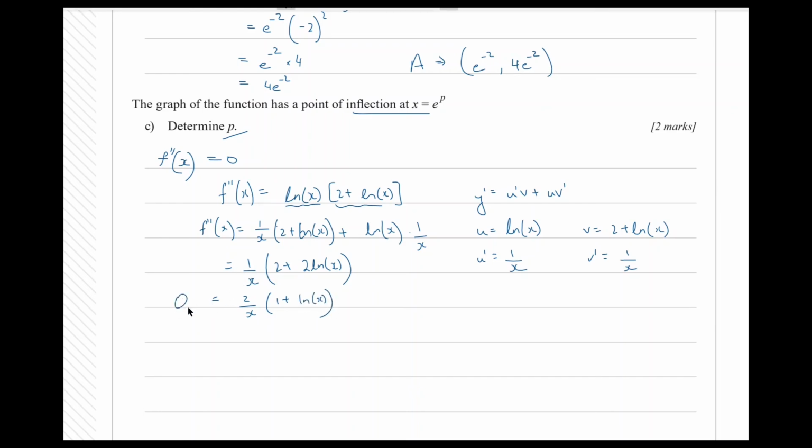And we want this to equal 0 at the point of inflection. So now if I times both sides by x, we get 0 equals 2, 1 plus ln x. Divide both sides by 2, so we have 0 equals 1 plus ln x, minus 1 on both sides, minus 1 equals ln x. Do e to the power of, so e to the power of negative 1 equals e to the ln x, which is e to the power of negative 1 equals x, as e and ln cancel each other. So p is going to be negative 1.